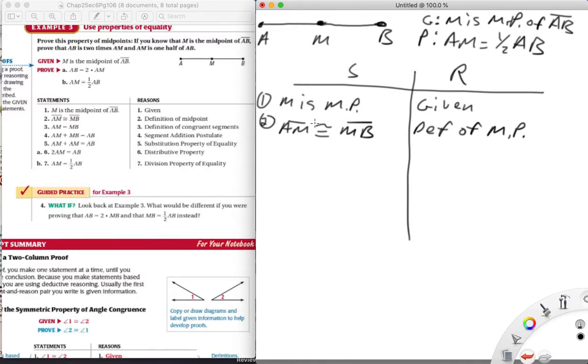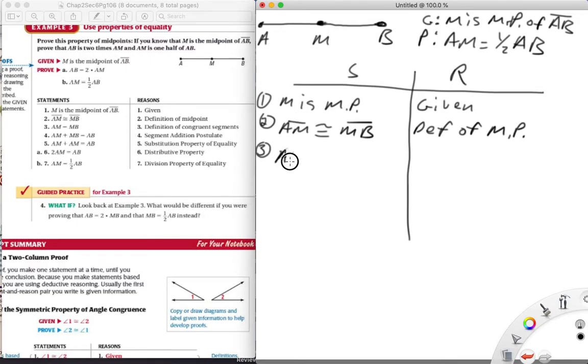Definition of midpoint. Notice that in the proof, they want us to prove two things. They want us to prove that AM is half of AB. They also wanted to prove that AB is equal to 2 times AM. That equality sign is different from the congruency sign. So we have to change this from congruency to equality. And this is what the third step is. If something is congruent, then they are equal.